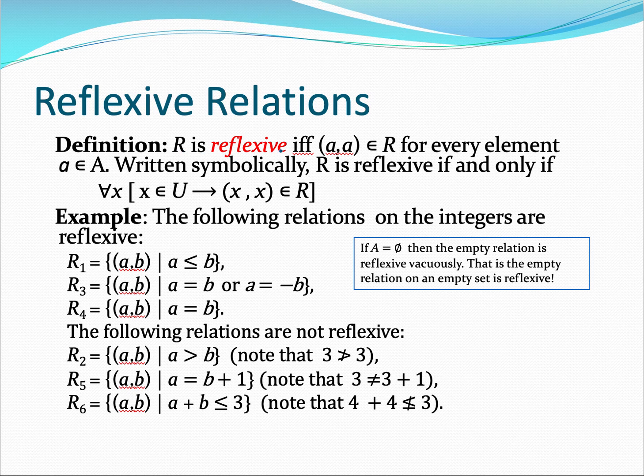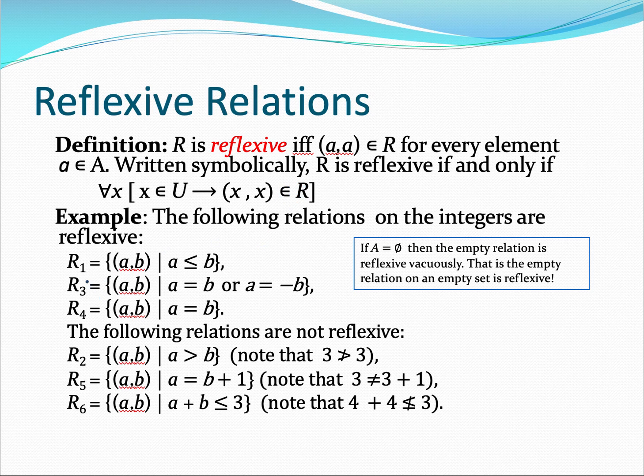R, the relation, is reflexive if and only if the pair containing the same element is an element of the relation for every element a, where a is an element of A. Written symbolically, R is reflexive if and only if for all x, if x is an element of the universal set, then the binary pair (x, x) will also be an element of the relation.